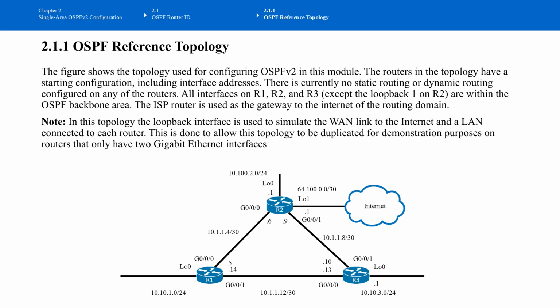By the end of this lesson, the routers will be able to communicate with every internal network in the OSPF routing domain, while traffic destined for the Internet will be forwarded toward the ISP through R2.